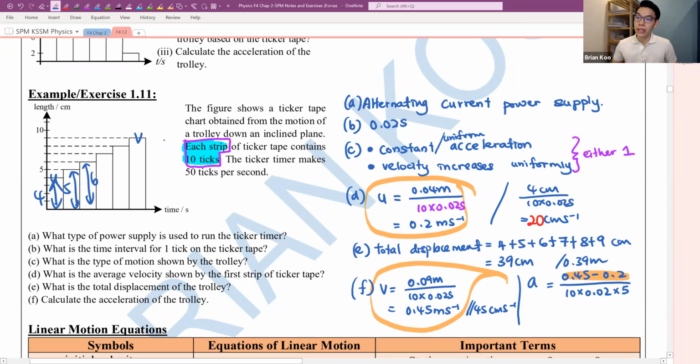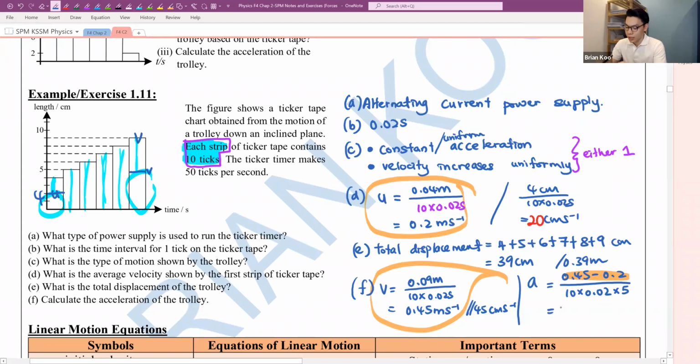Because in front we take half. The V is actually starting from here. The U is actually at here. So you start counting from here until here, until here, until here, until here, until here. We don't take the last part here. That's why it's 5.